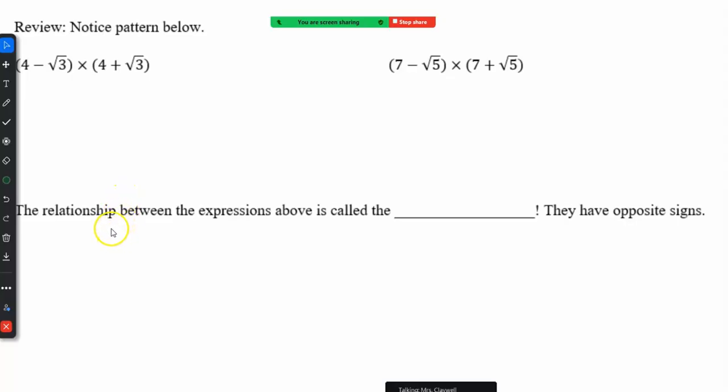Go ahead and flip to the back page. So we're going to talk about this pattern. You can double distribute or box, whatever makes most sense to you.